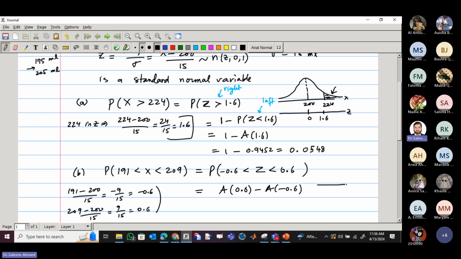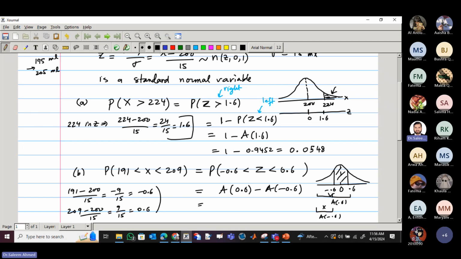So if you draw this curve, 0, minus 0.6 and plus 0.6. So this is the area at 0.6 and this is the area at minus 0.6. To get the middle area, we will subtract this one from this whole area.